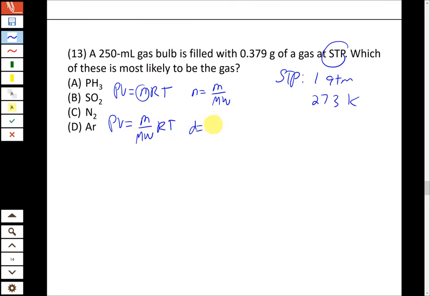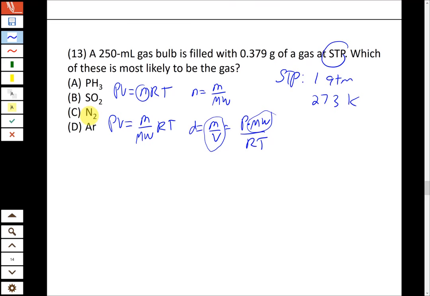Density is mass divided by volume, so we take mass over volume on one side, and we get pressure times molar mass over RT on the other. So we could put the mass and the volume in that we're given to calculate the density of the gas, and then set it equal to pressure times molar mass over RT. Basically, we're trying to identify which gas it is by finding out what the molar mass is and figuring out which of these is closest to that. So that's one way to do it.